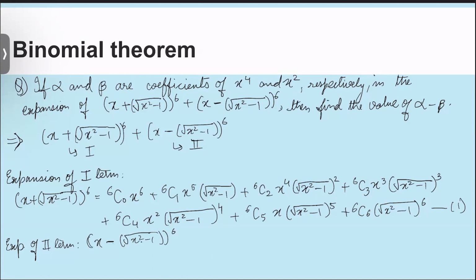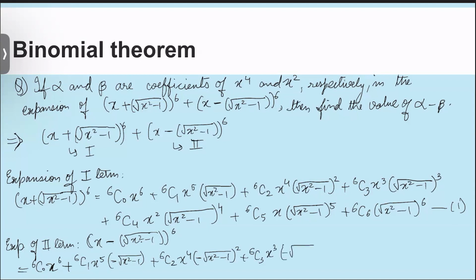So then the expansion becomes 6c0 x raised to 6 plus 6c1 x raised to 5 times minus root of x squared minus 1 in brackets, plus 6c2 x raised to 4 times minus root of x squared minus 1 squared, plus 6c3 x cubed, you have minus root of x squared minus 1 raised to 3.